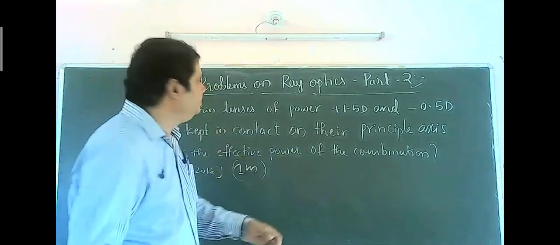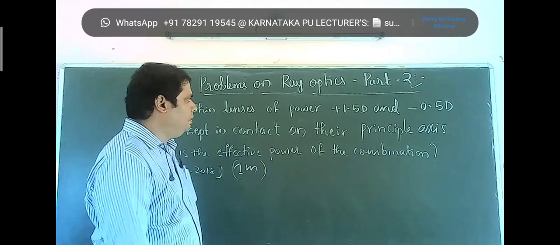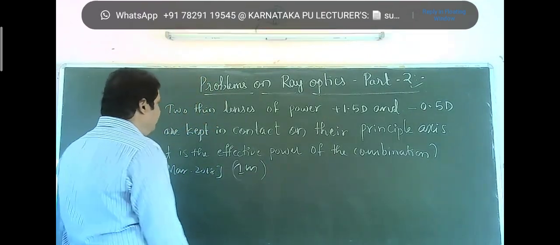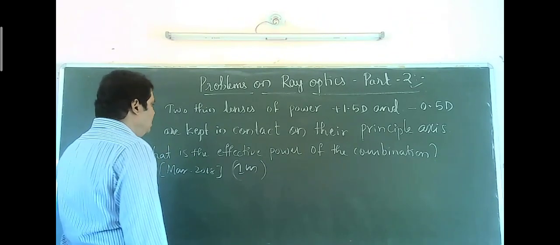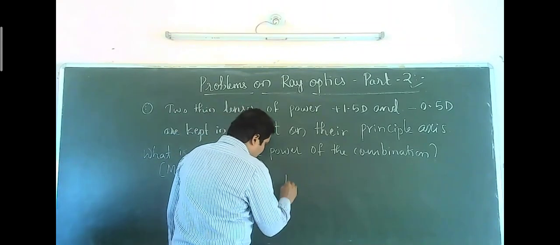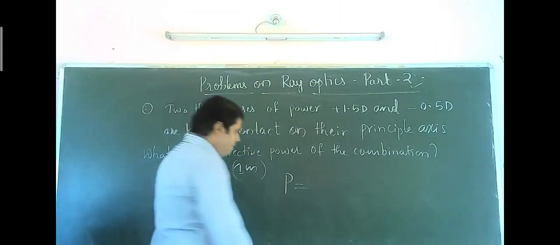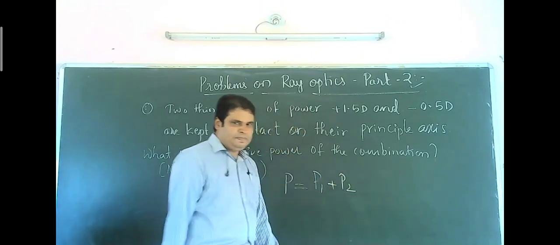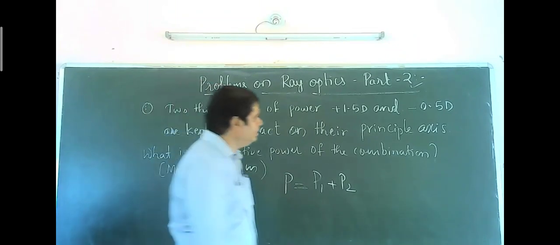We are given two thin lenses of power plus 1.5D and minus 0.5D kept in contact on their principal axis. What is the effective power of the combination? Very simple. Effective power P is equal to P1 plus P2. For 1 month, no steps are needed; directly you can do it.